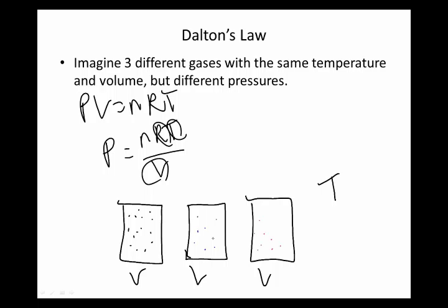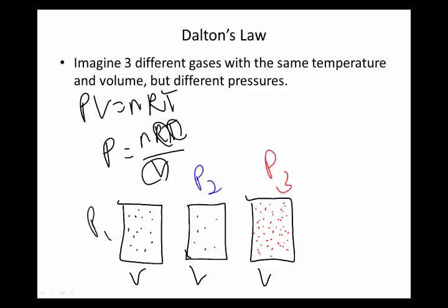So sort of the corollary we can come up with here is at a given volume and temperature, the pressure is directly related to the moles of the gas. And that's really it. So imagine if I now took these 3 gases. So I'm going to define this as P1, P2, and P3.